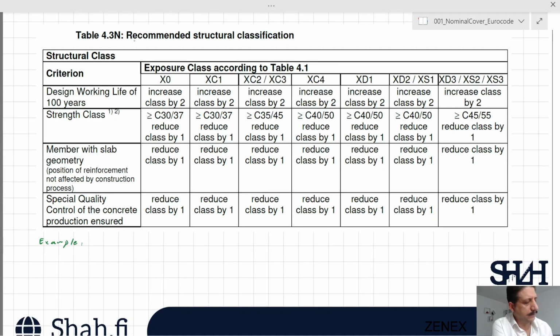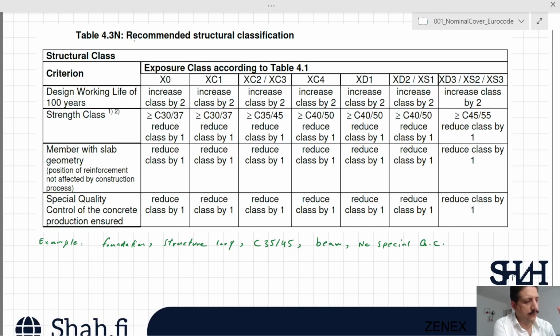Example: a foundation for a structure with 100 years working life, and it is with C35/45 concrete, and it's a beam, and also no special quality control.